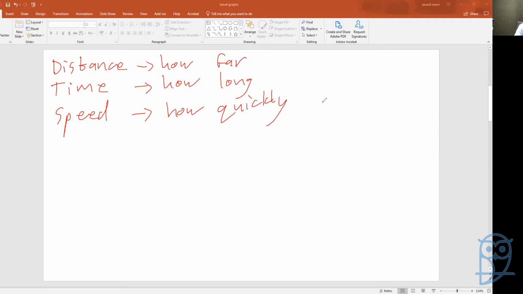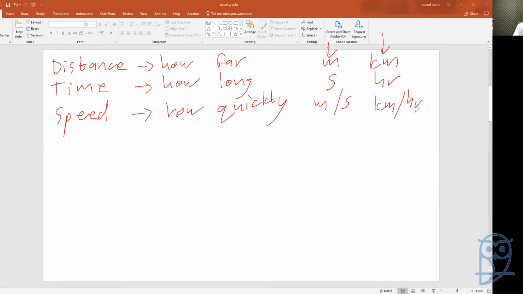All right. So we need to be able to relate these to each other. Distance could be in meters or kilometers or whatever other measurement you want. Time will generally be in seconds or in hours. And therefore speed will be in meters per second, or kilometers per hour.